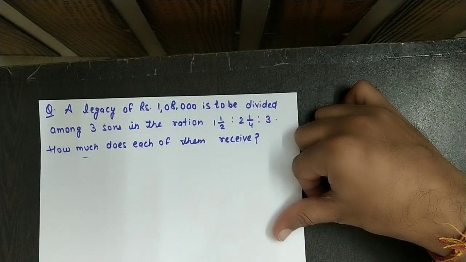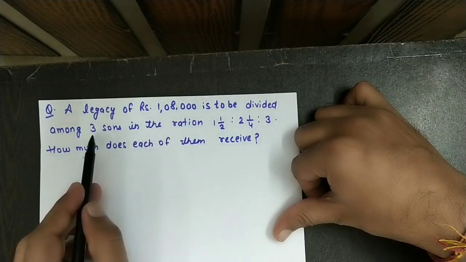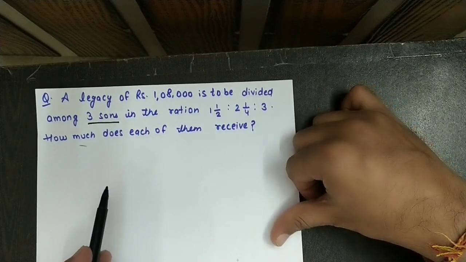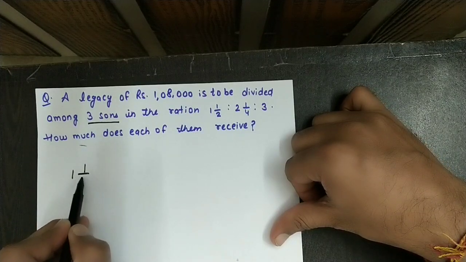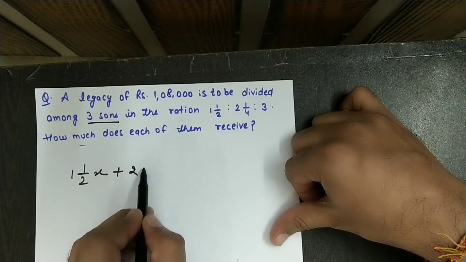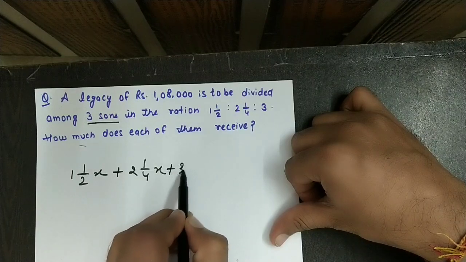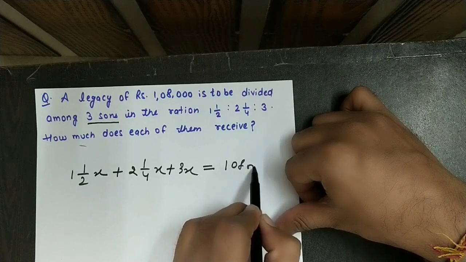The legacy will be divided among 3 sons. Again we will take the variable as x. So we will write this as 1:1/2 x plus 2:1/4 x plus 3x equal to 1,08,000.